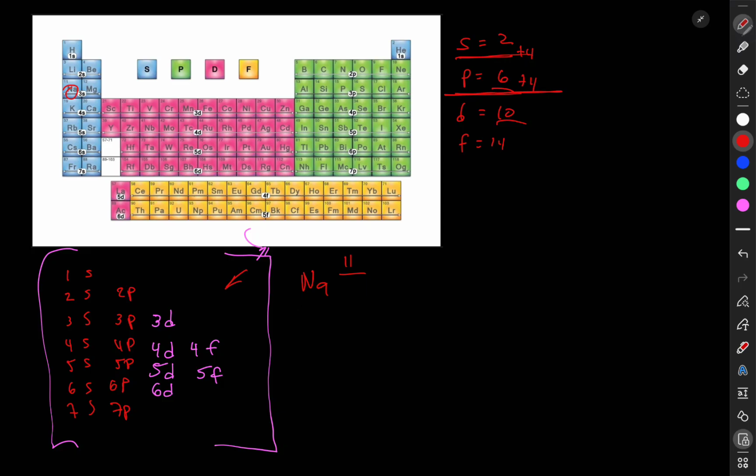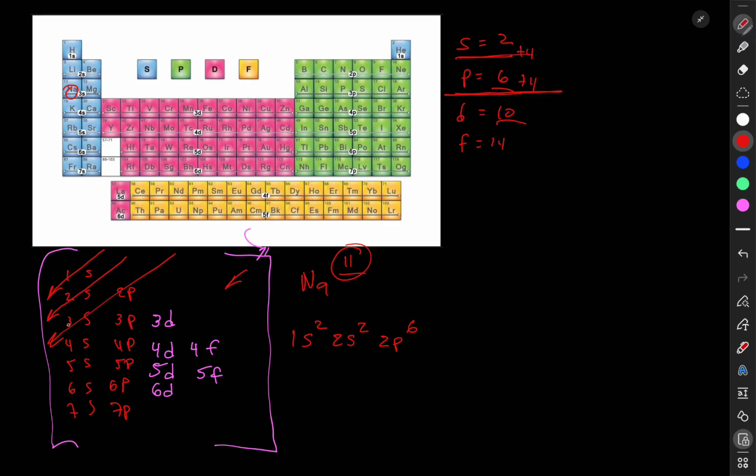Well, you basically go diagonally until you reach the number 11. How does that make sense? Well, let's say you cross out 1s, and when it's fully crossed out, it's filled, so it's 1s2. Diagonally, 2s2. You start from 2p, and it's filled, so it's 2p6.